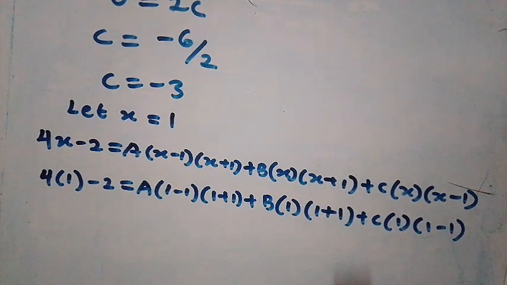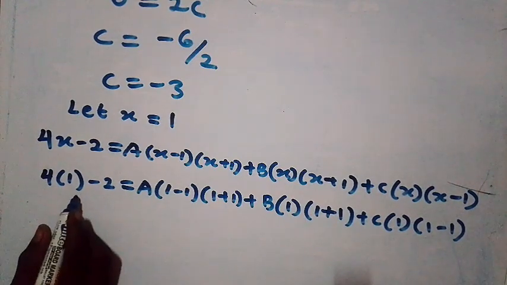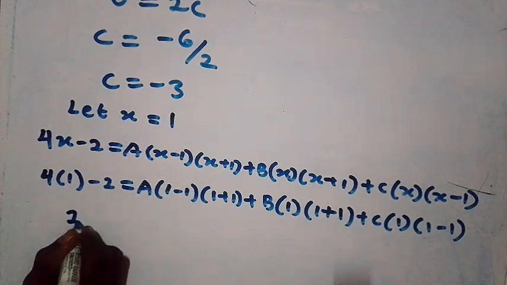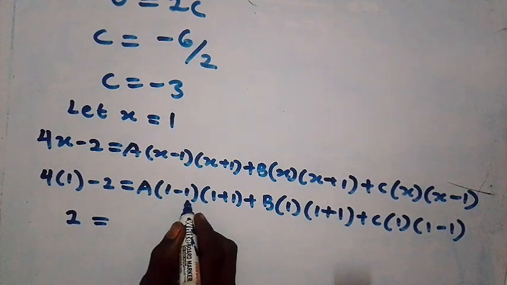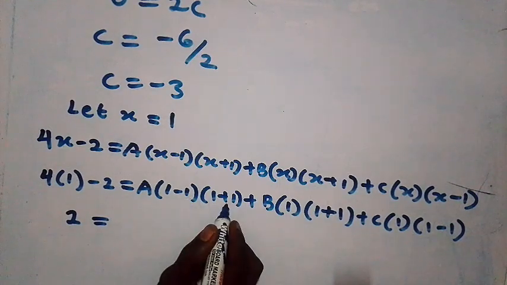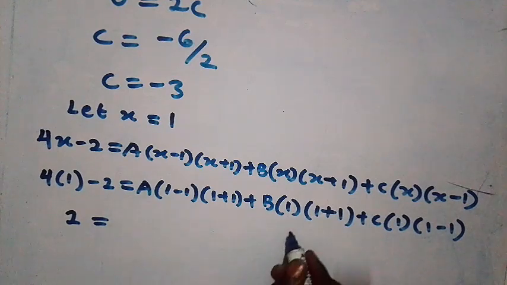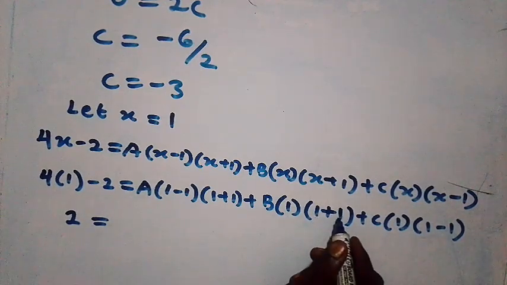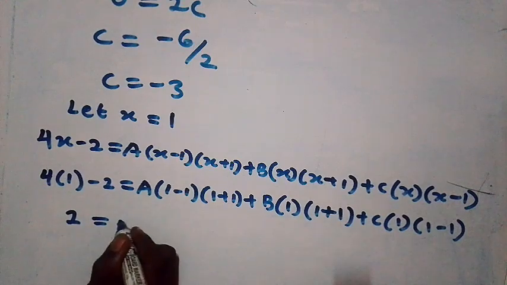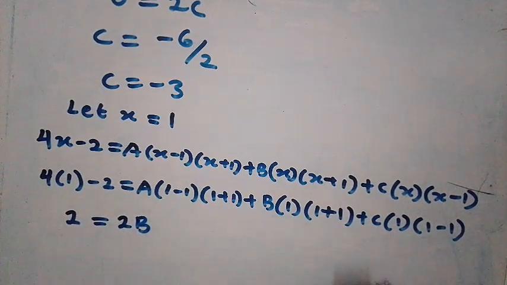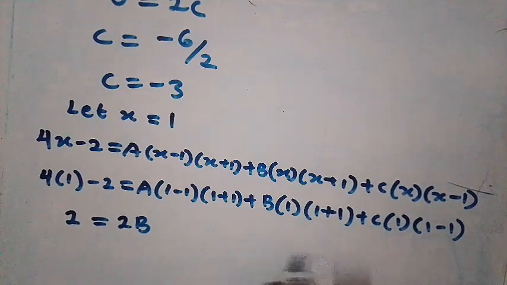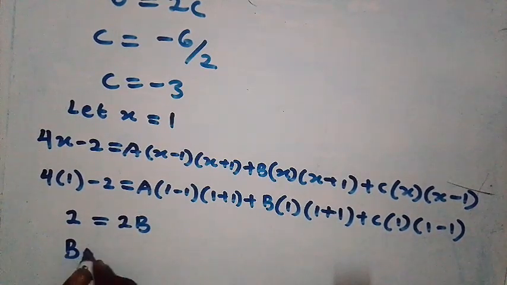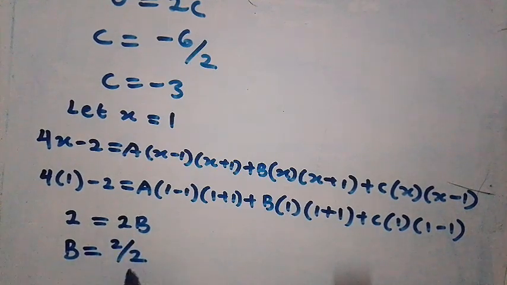Let's expand the bracket. 4 times 1 is 4, minus 2 gives 2, equals 1 minus 1 is 0, 1 plus 1 is 2, 0 times 2 is 0, 0 times A is 0, 1 plus 1 is 2, 1 times 2, 2 multiplied by B gives 2B. 1 minus 1 here is 0, 0 times 1 is 0, 0 times C is 0. Therefore, B will be equal to 2 divided by 2, and B will be equal to 1.